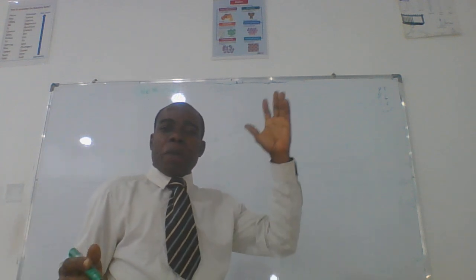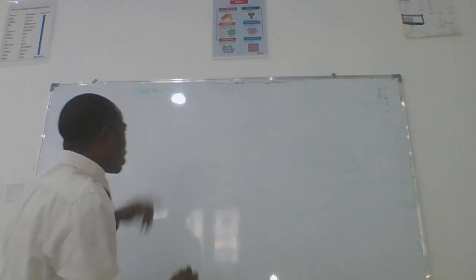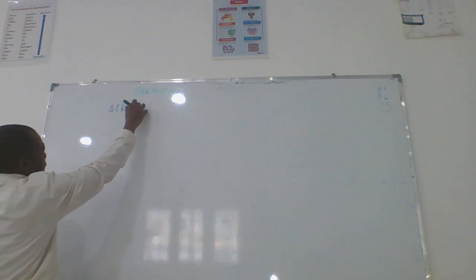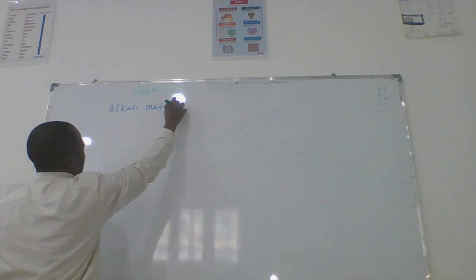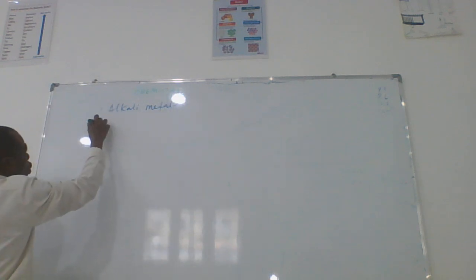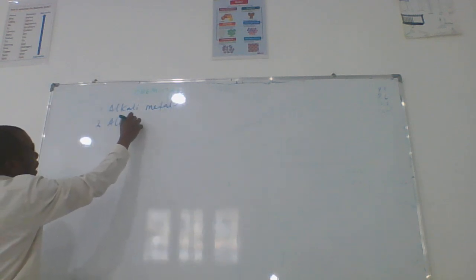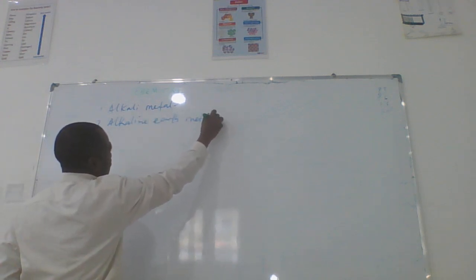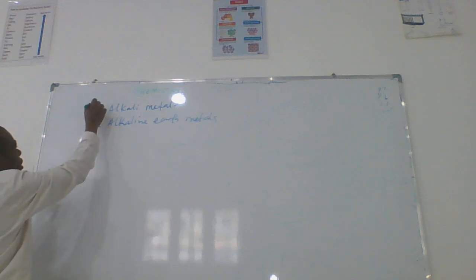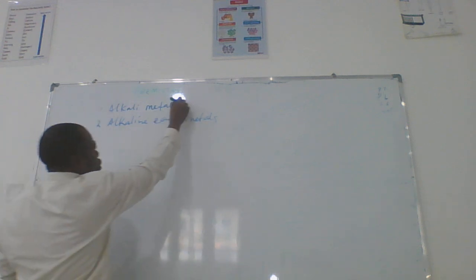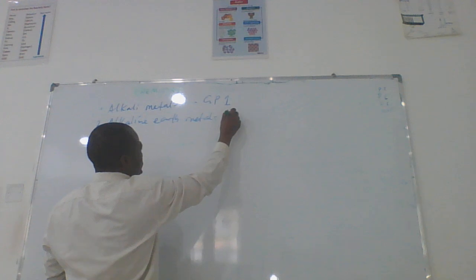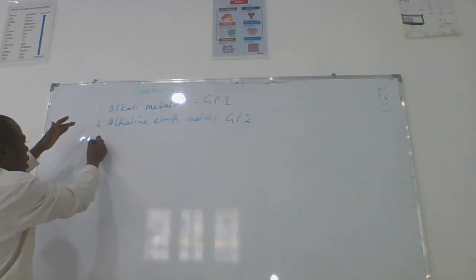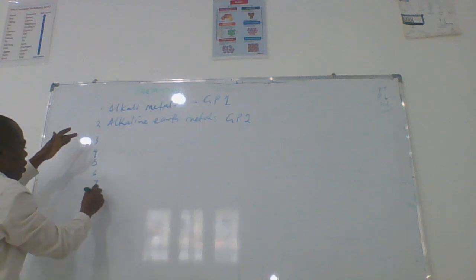So, having seen the periodic table chart, like I said, we have the alkali metals, then 2, we have the alkaline earth metals. Now, this is group 1, and this is group 2. Then all together we have what? 3, 4, 5, 6, 7, 8.